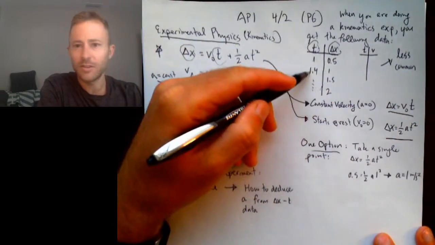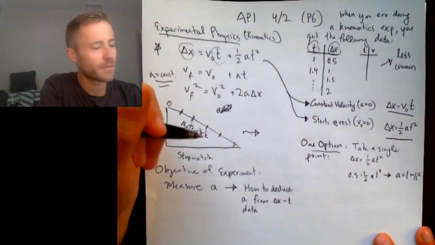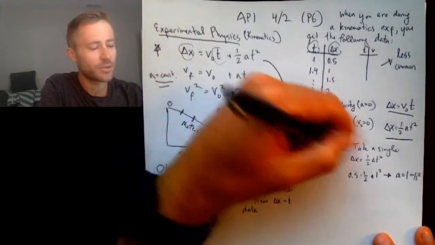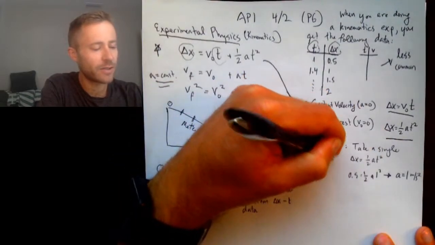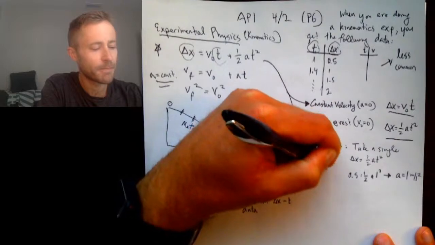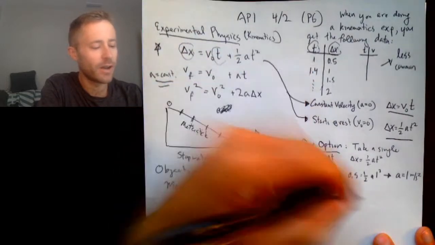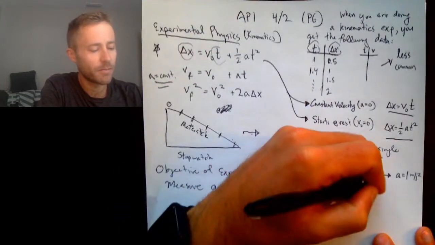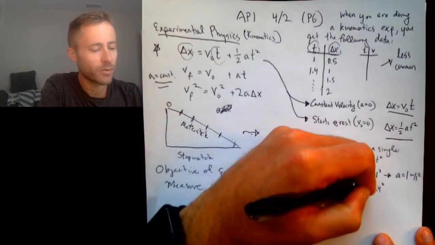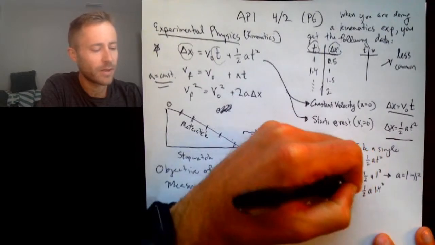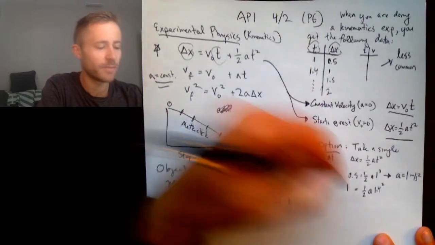And then I could take the second data point. So this option is taking a single point at a time. So now I have that the time is 1.4. So I have 1.4 squared equals 1/2 a, and then it has traveled 1 meter.